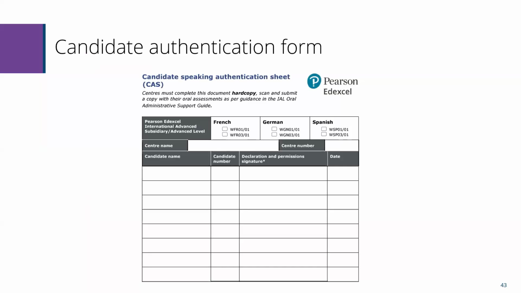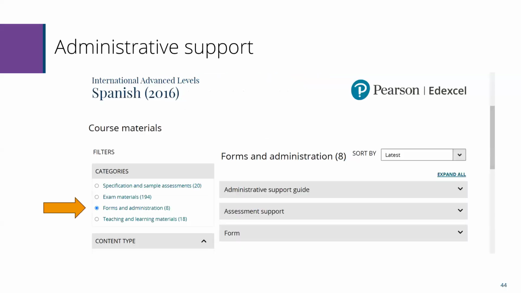So we need to have that candidate authentication form, and that needs to be signed, and the candidates give their permission. And that can be scanned and uploaded into the oral assessments through the learner work transfer. So just be aware of that.